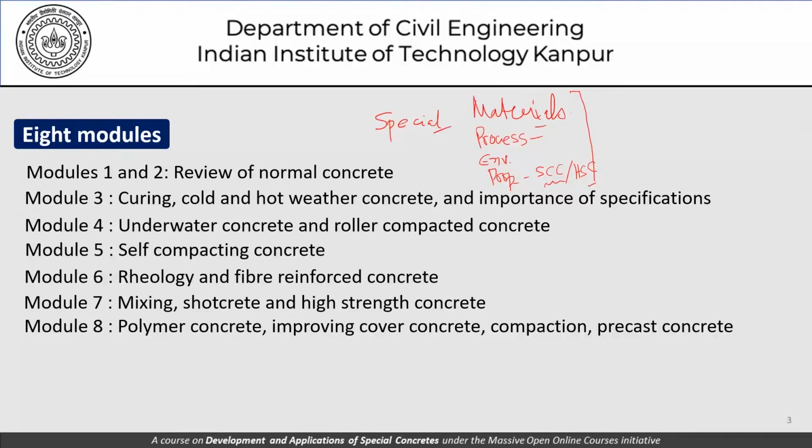So that has been the central thought that has run through all these 8 modules, and that is why we spent module 1 and 2 reviewing our understanding of basic concrete or normal concrete, where we talked about the properties of fresh concrete, the properties of hardened concrete, basic curing methods, and so on and so forth.